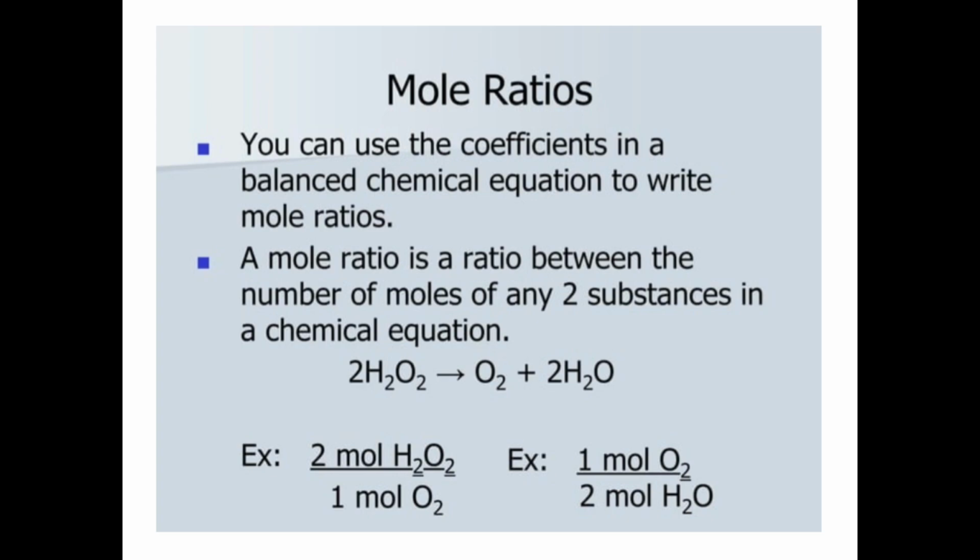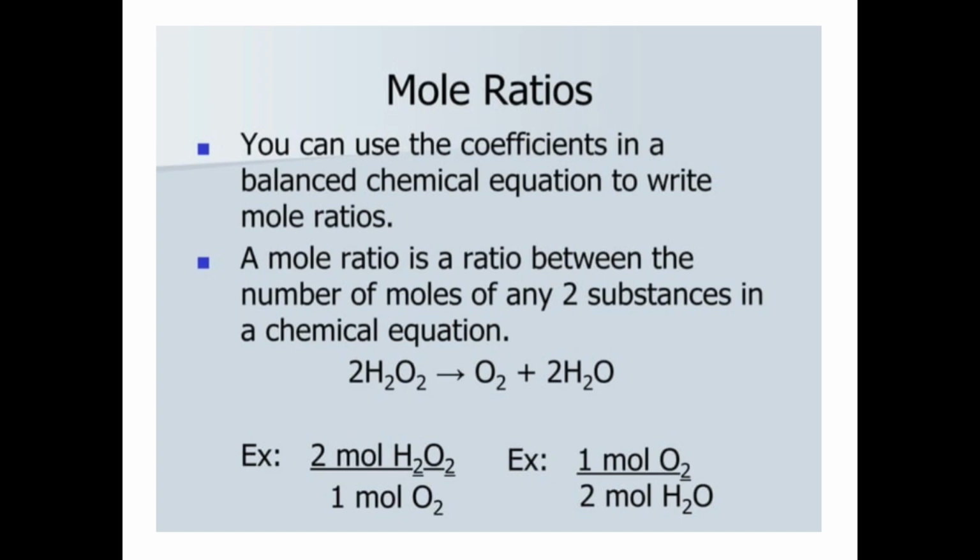So if you want to write about this equation, we can say 2 moles of hydrogen peroxide gave 1 mole of oxygen, and 1 mole of oxygen is equivalent to 2 moles of water in this equation.